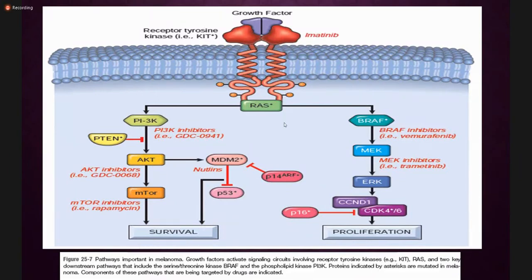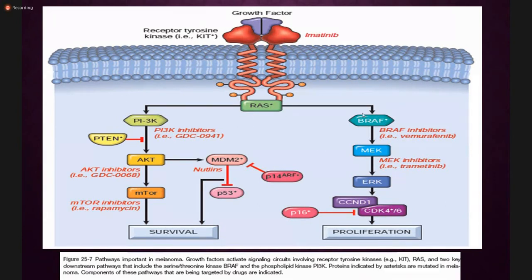As you can see, several growth promoting mutations are present in melanoma. The first important one is the KIT mutant in the tyrosine kinase receptor. Then the next mutation you can see is in the RAS protein.